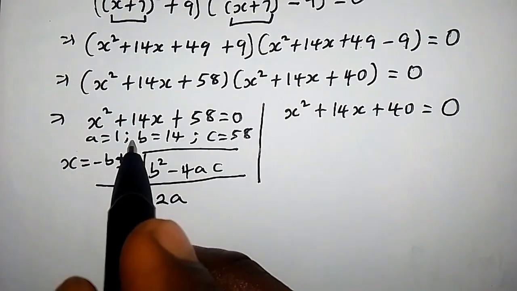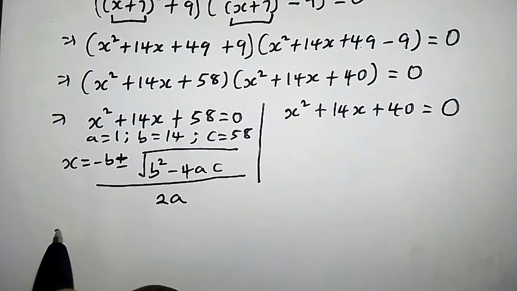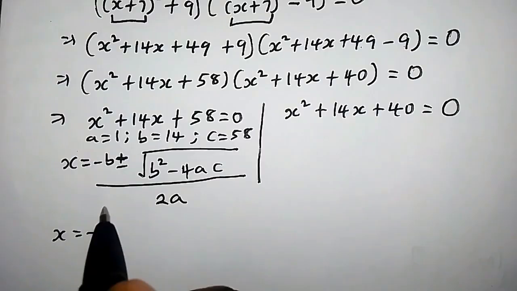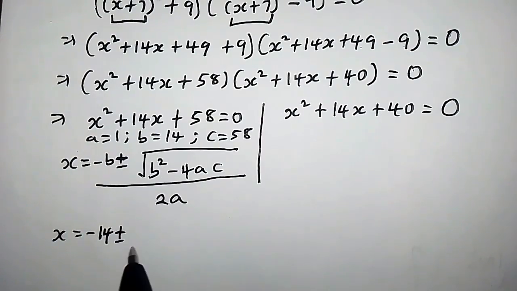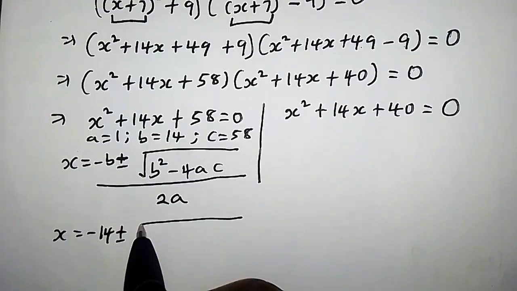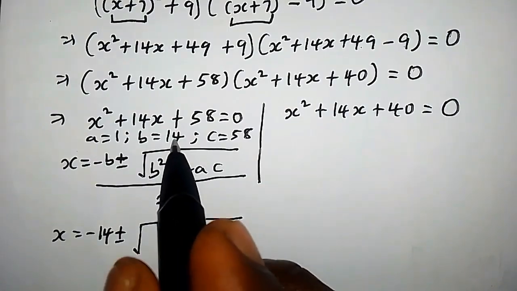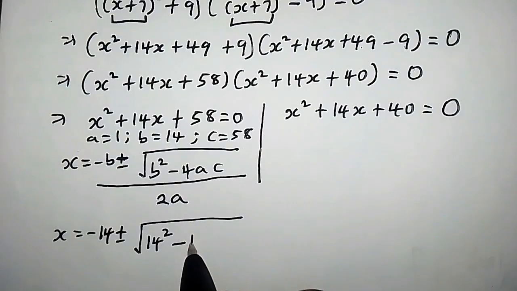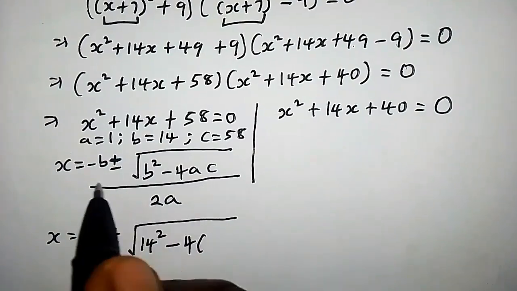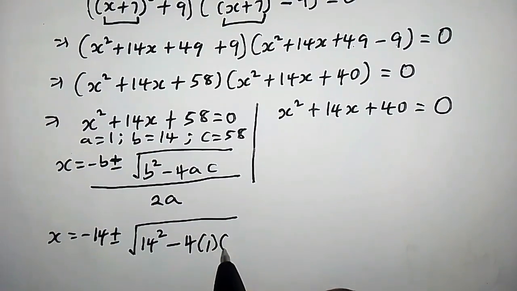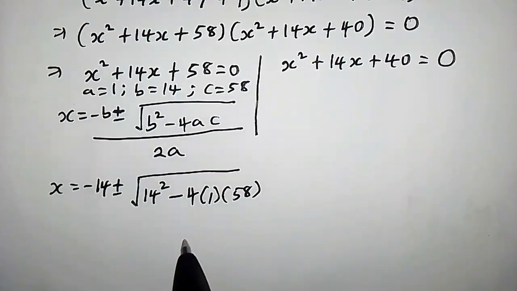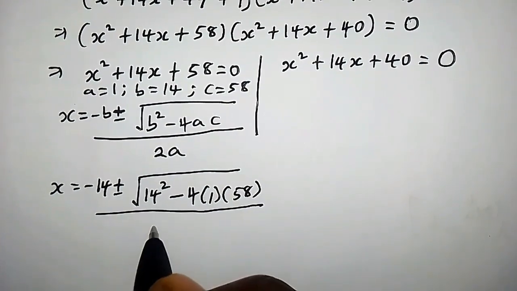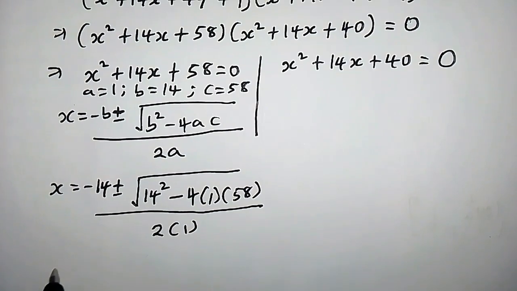So let us substitute all these values here. x equal to minus b, what is b? b is 14. Minus 14 plus or minus the square root of 14² minus 4 times 1 times 58, everything divided by 2 times 1.